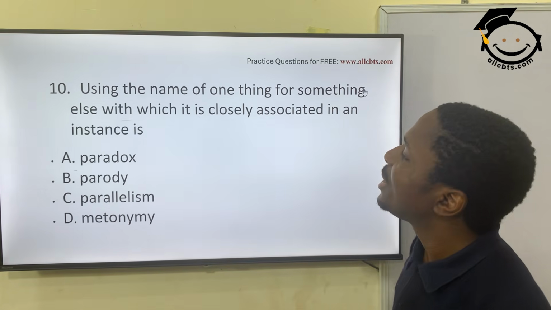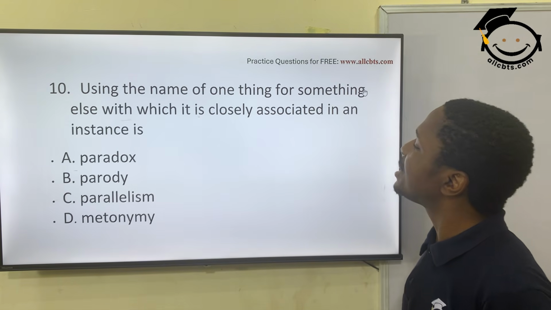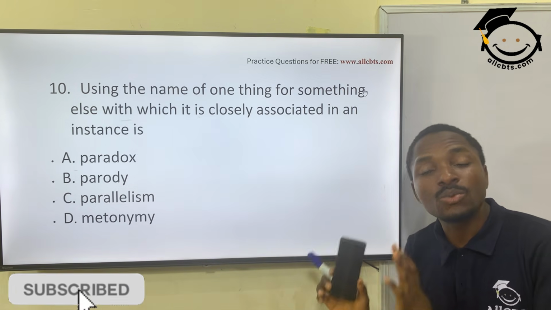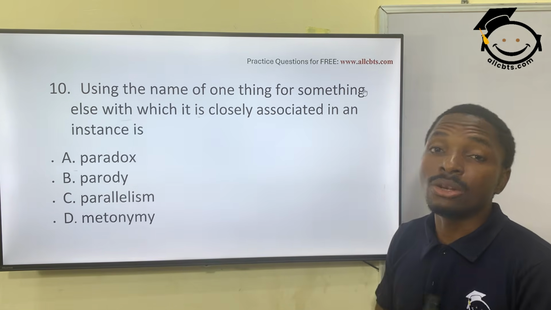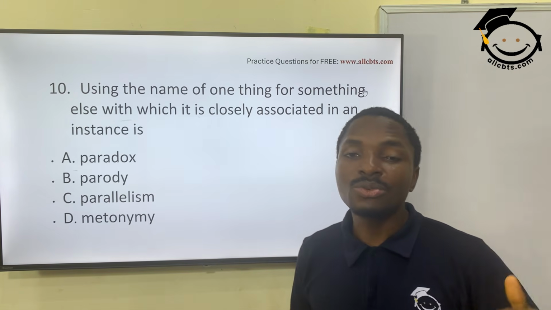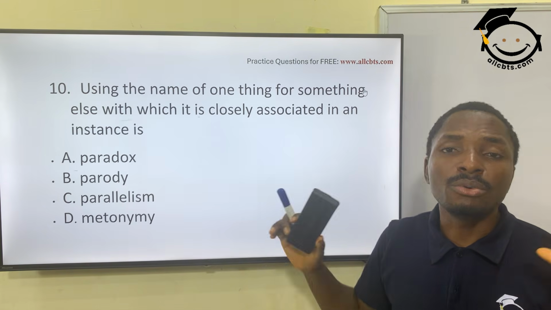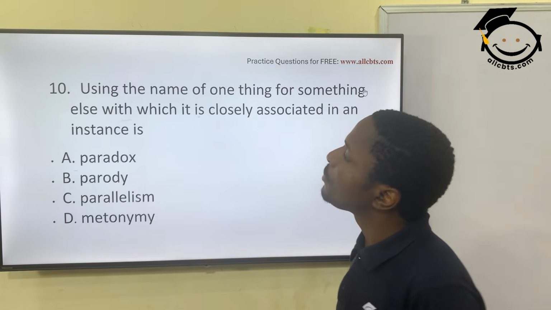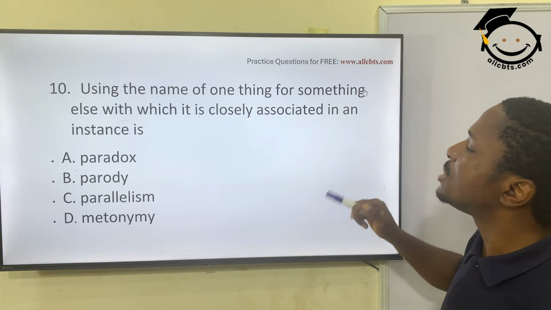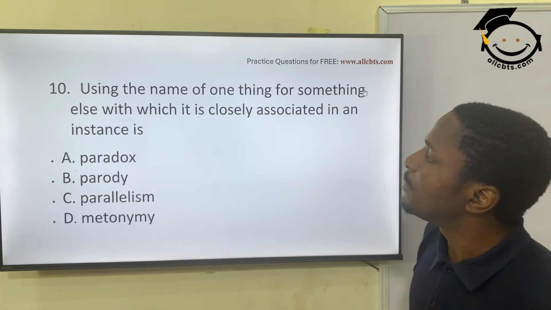Question 10. Using the name of one thing for something else with which it is closely associated is dash. We've dealt with this question a lot of times in previous videos, so you really want to watch many of those videos on the channel so that you have a robust understanding of this. It is metonymy.